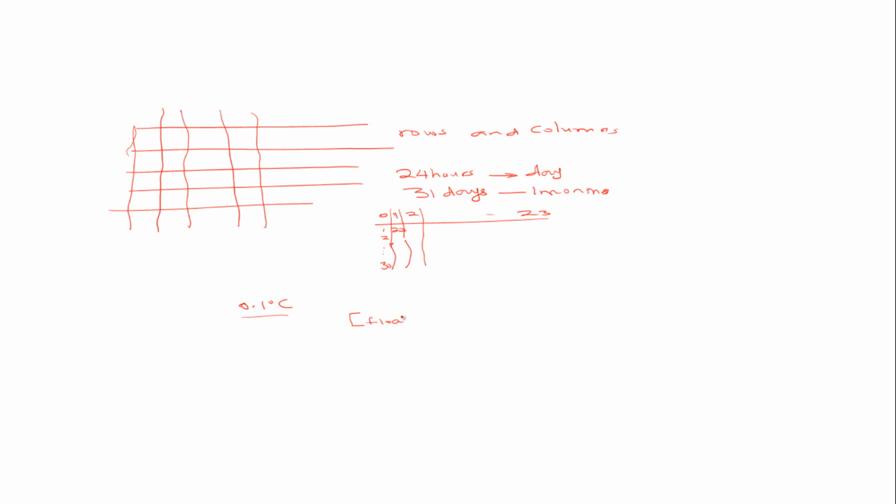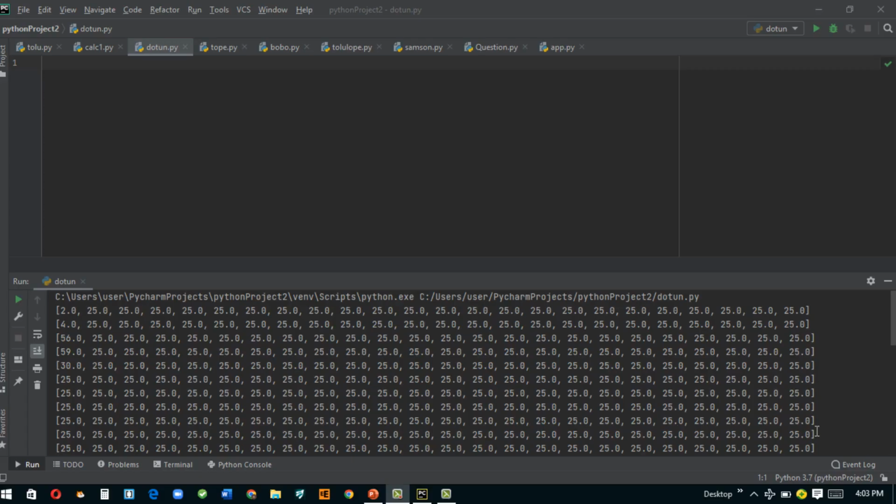Floats will be very applicable in this case. Then I need to make a row and a column, so I'm targeting 24 rows for the hours and 31 days for the columns.